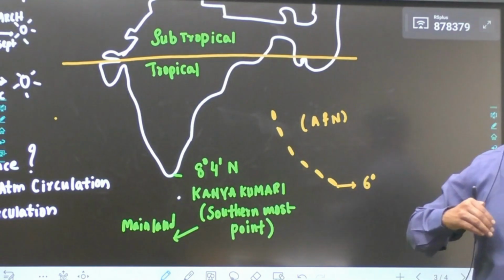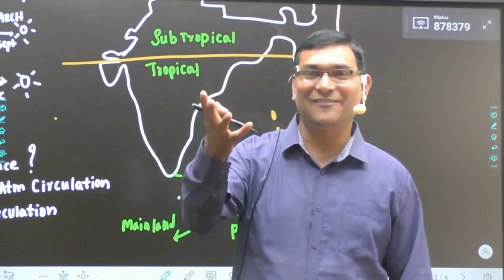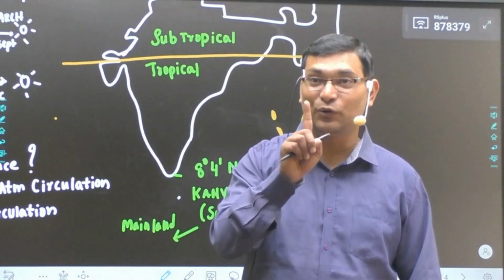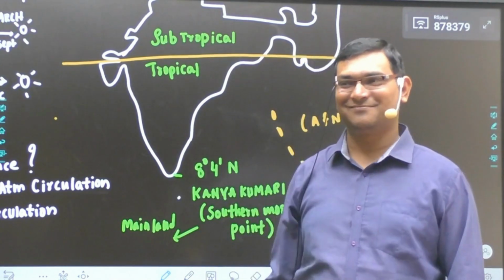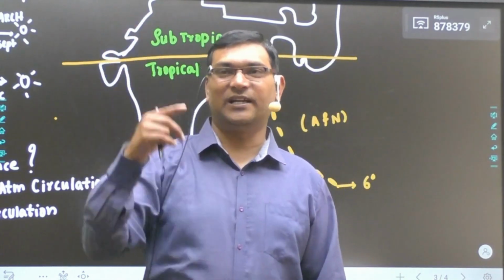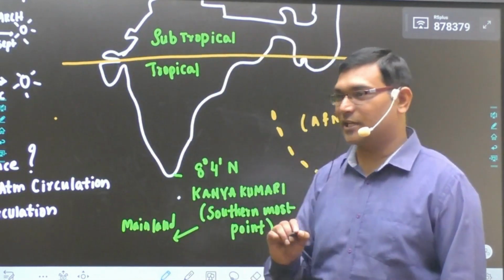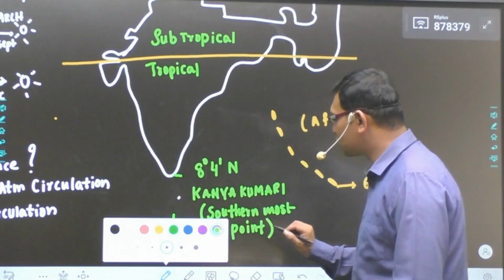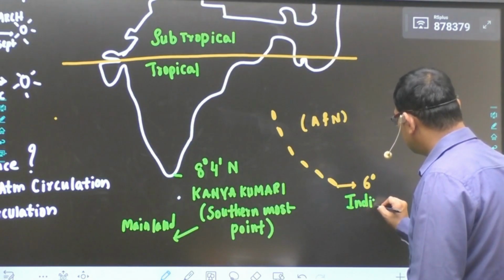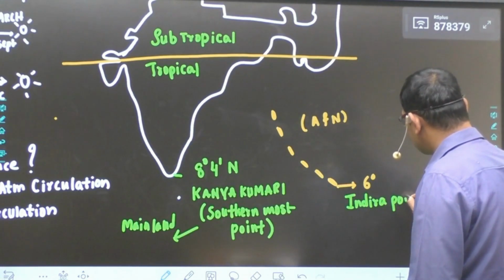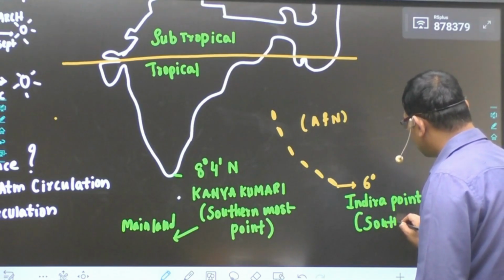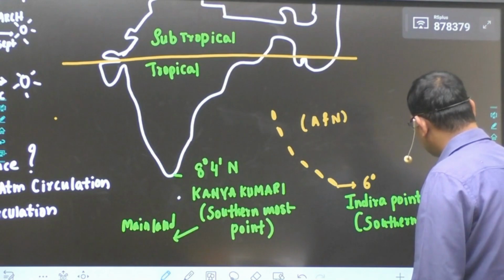So if you include the islands, India extends from 6 degrees to 37 degrees. If you don't include the islands, only the mainland, it is 8 degrees to 37 degrees. In Andaman Nicobar, Indira Point is the southernmost point of India.